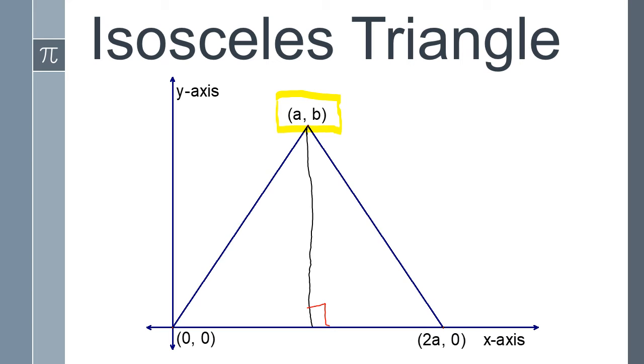This midpoint is going to be at (A, 0), and since this is congruent to this, this has to be double. So that would be (2A, 0). That's why they came up with that; that's how that coordinate is established.